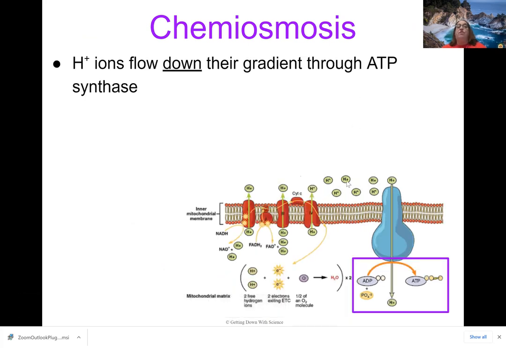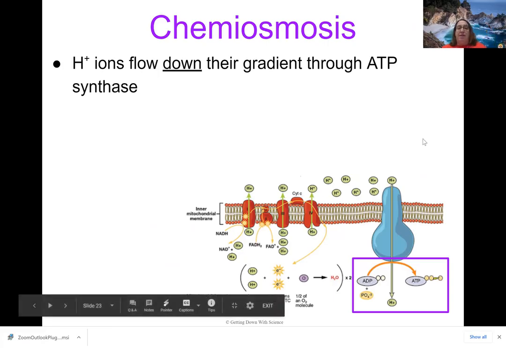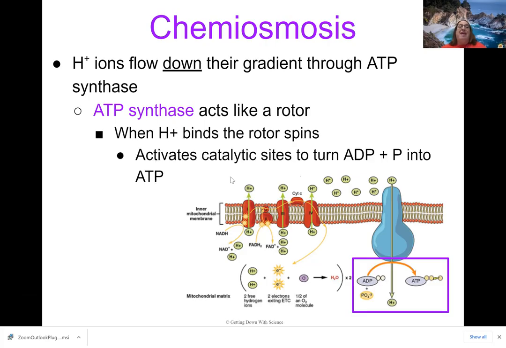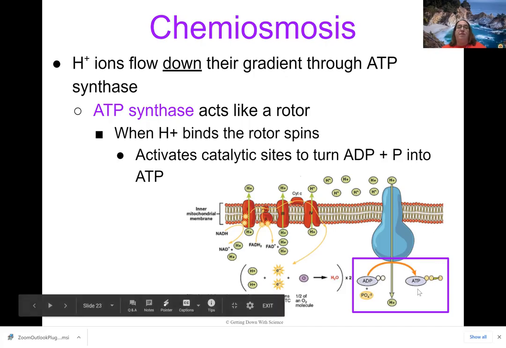The hydrogens flow down the gradient from high concentration to low, we're used to that, through the ATP synthase. And it's kind of like a little rotor or a little spinning structure. When the hydrogen ion binds, the rotor spins. And it activates catalytic sites so that ADP plus P becomes ATP.